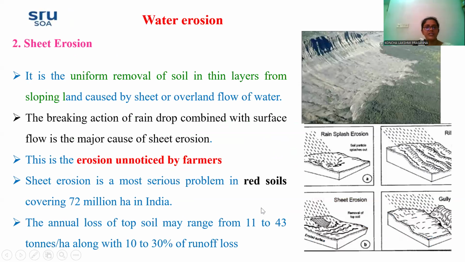Next is the sheet erosion. So sheet erosion is one of the very dangerous erosions. We can also say that this is the only erosion which is unnoticed by the farmer.